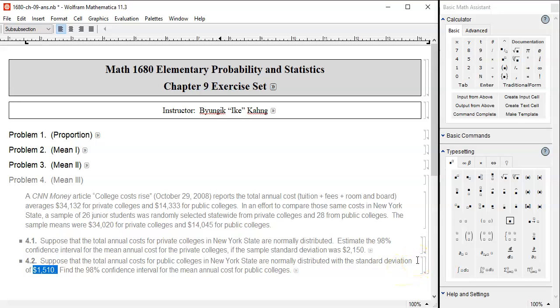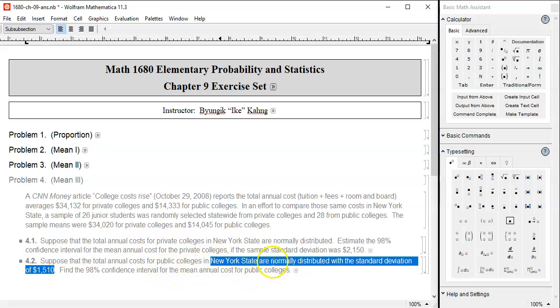Is it the sample standard deviation or the population standard deviation? It's arguable, I know, but deciphering this problem, it's the population standard deviation given. You see, because this came from the same sentence as the description of the population.